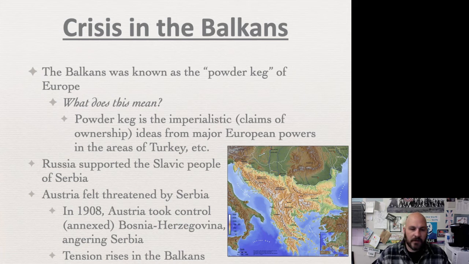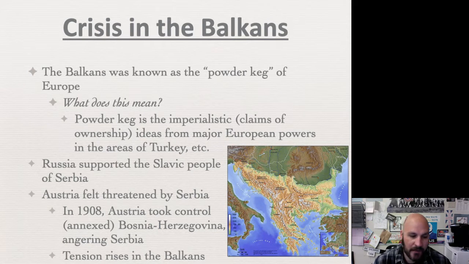It's the imperialistic claims of ownership of major European powers on the areas of Turkey that are now being vacated by the Ottoman Empire because of its weakening. All right, and so Austria in 1908 takes control of Bosnia-Herzegovina.